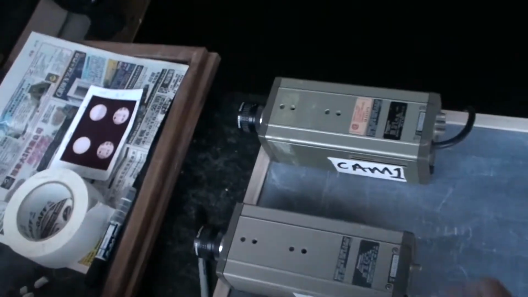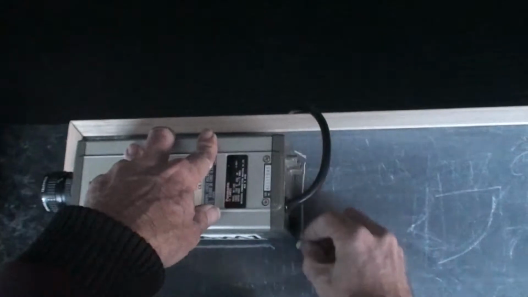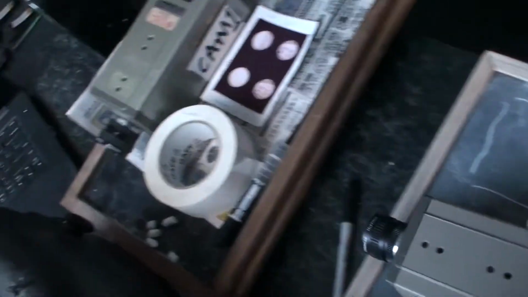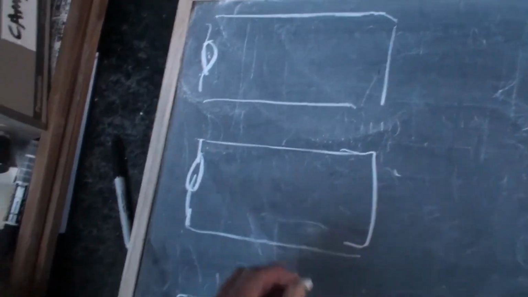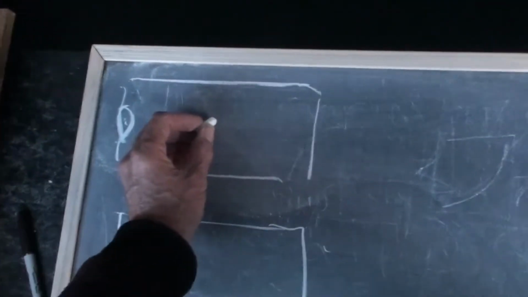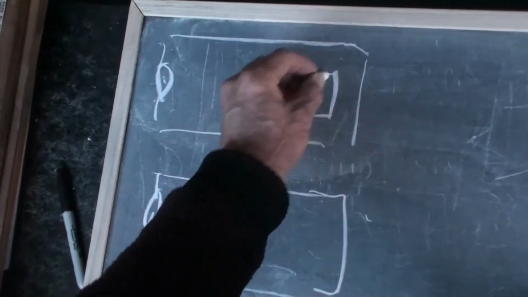So if we look at what's going on here, I've got Cam 1, Cam 2, Cam 3, and each of these cameras has inside it the image sensor, followed by this image compressor.